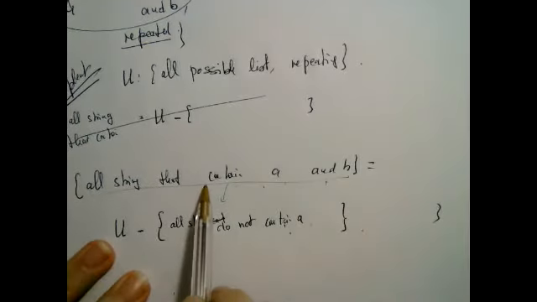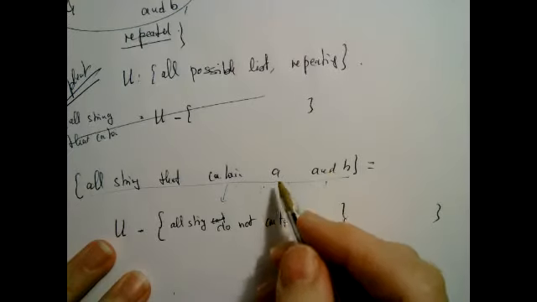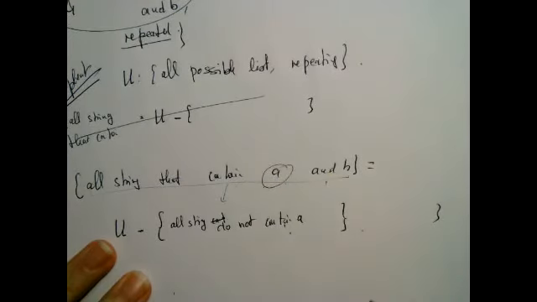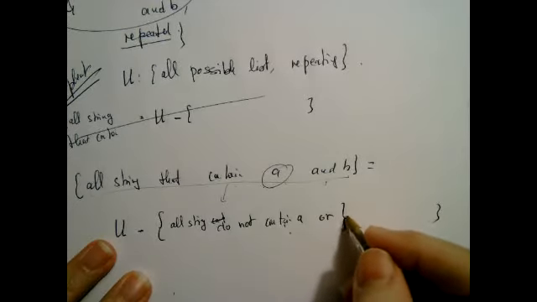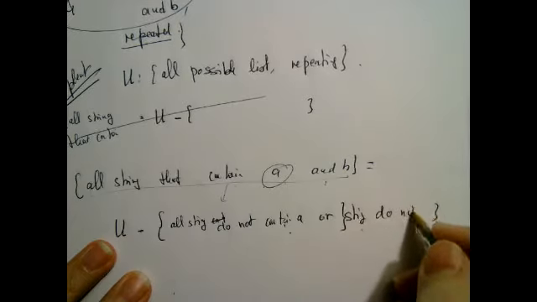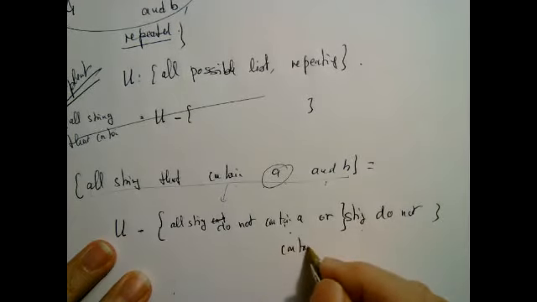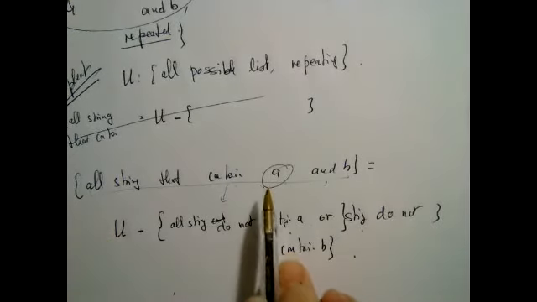How can a string not have A and B? A string cannot have A and B if it doesn't have A or it doesn't have B. I repeat, how can a string not have both?